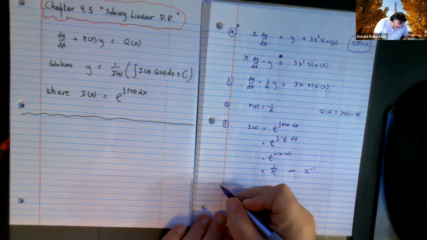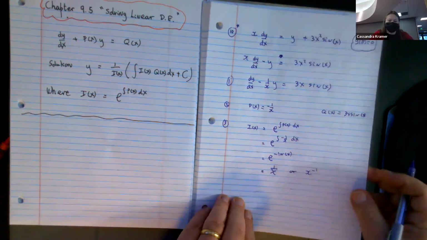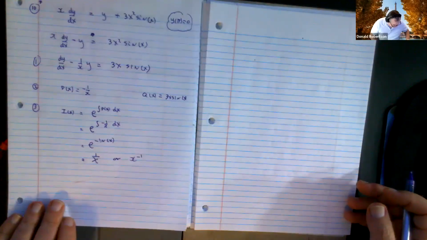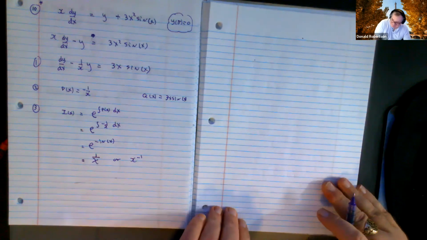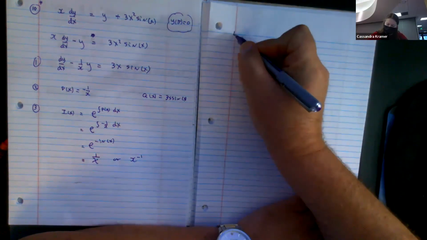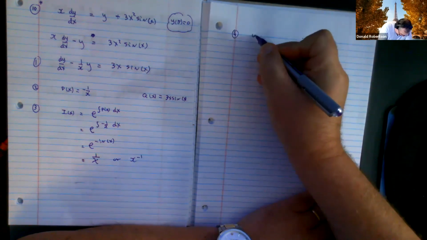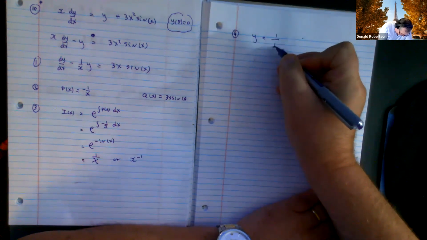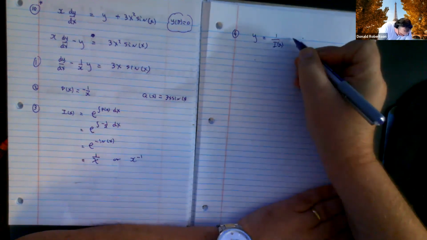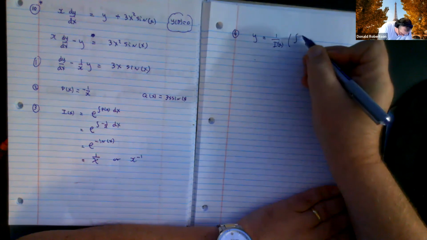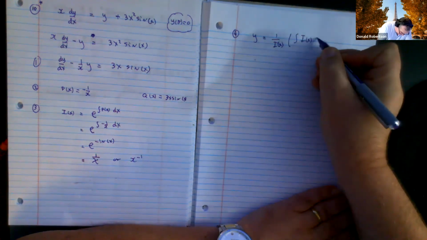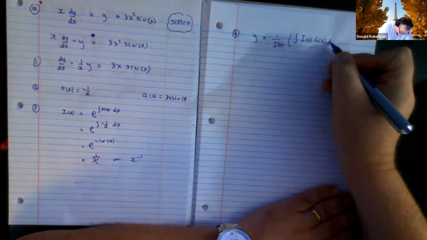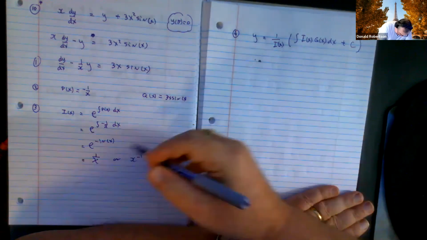For the record, I wrote both down on my paper. Just so you know. You're taking no chances. So step 4 then is 1 over this guy, the integral of this guy, I of X Q of X, and a c. And well, you can do it either way.